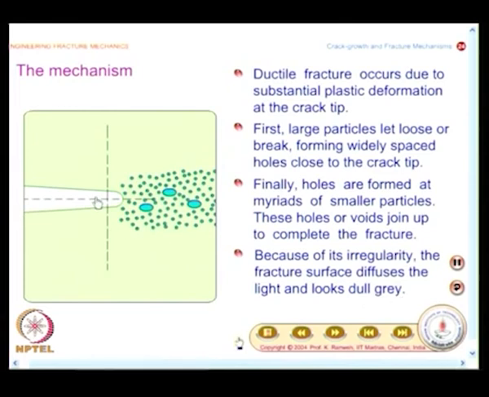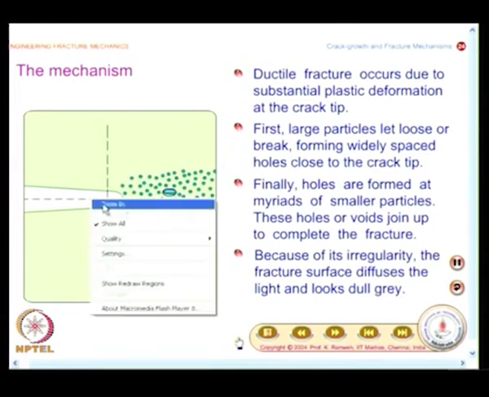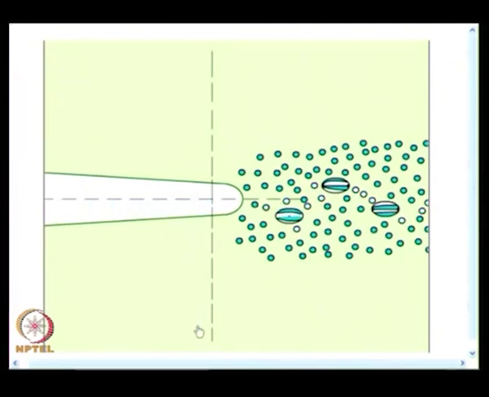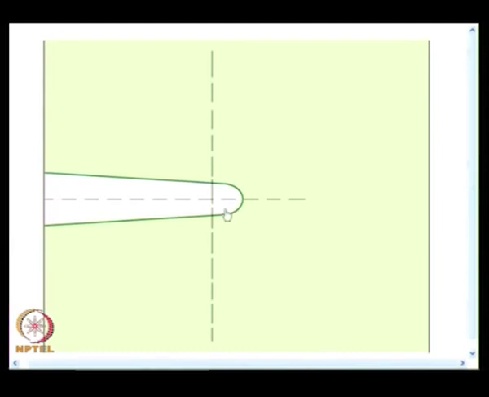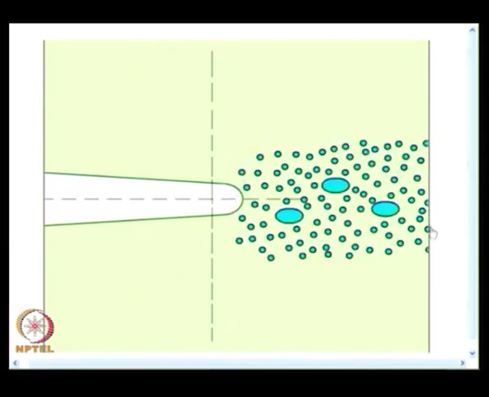So, what we will look at now is a closer look at the animation. This shows the last part of it, where voids are joined due to micro necking, and you have a crack propagation. The process starts here.